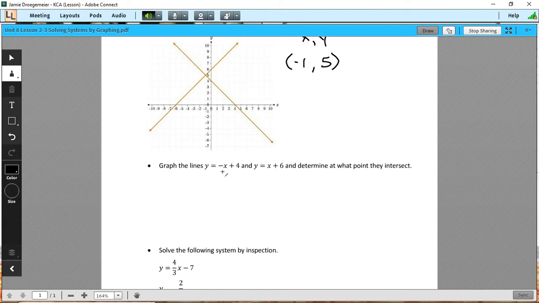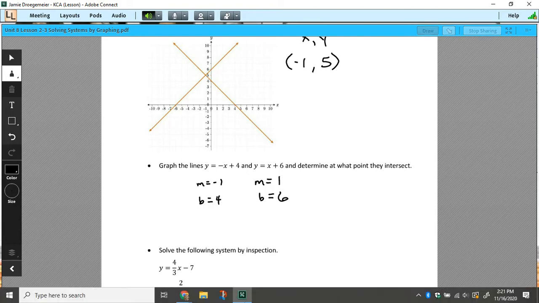In our first one here, slope, remember, is always being multiplied by the x value. So here our slope would be -1 for this first one, and we'd have a y-intercept value of 4. In our second equation here, x is being multiplied by 1. Our slope would be a +1, and our y-intercept value would be +6. And so we could use that information then to draw those graphs.